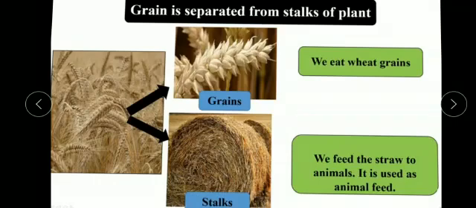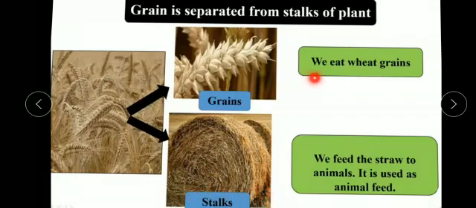So we have learned about this in the previous video. After harvesting, grains are separated from the stalk of the plant, but I didn't tell you how these grains are separated from the stalk. Why do we separate?